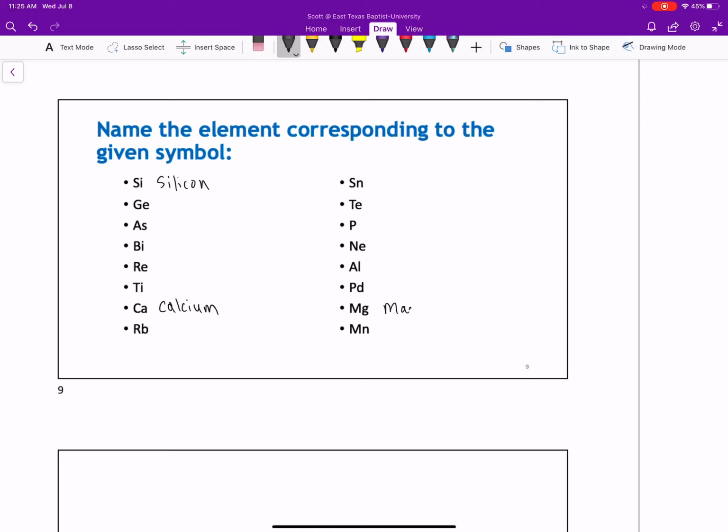Mg is magnesium, so I'm trying to point out some of the more difficult ones because a lot of students will get magnesium confused with Mn, which is a transition metal called manganese. Ne is neon. P is phosphorus, not potassium. So check out your periodic table that I've posted in Unit 3. You'll also find one in Unit 6, Unit 8, Unit 11, and Unit 15.